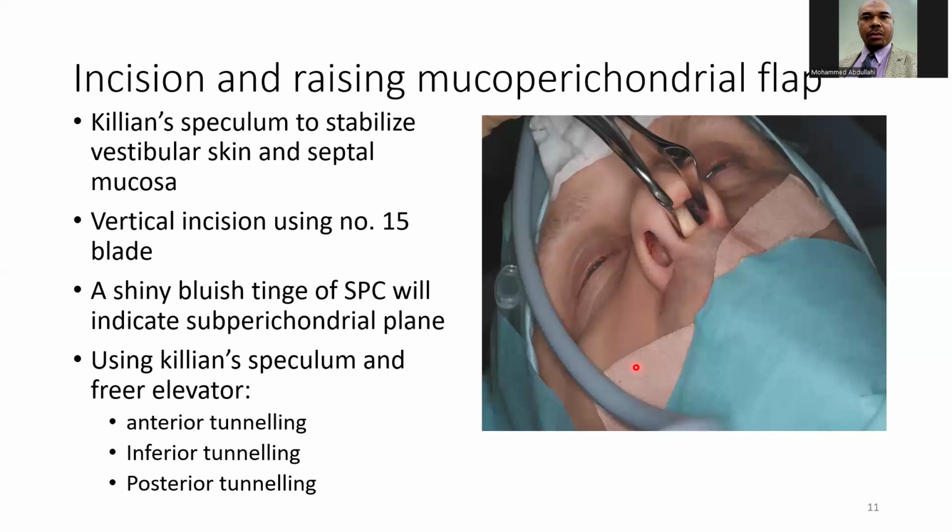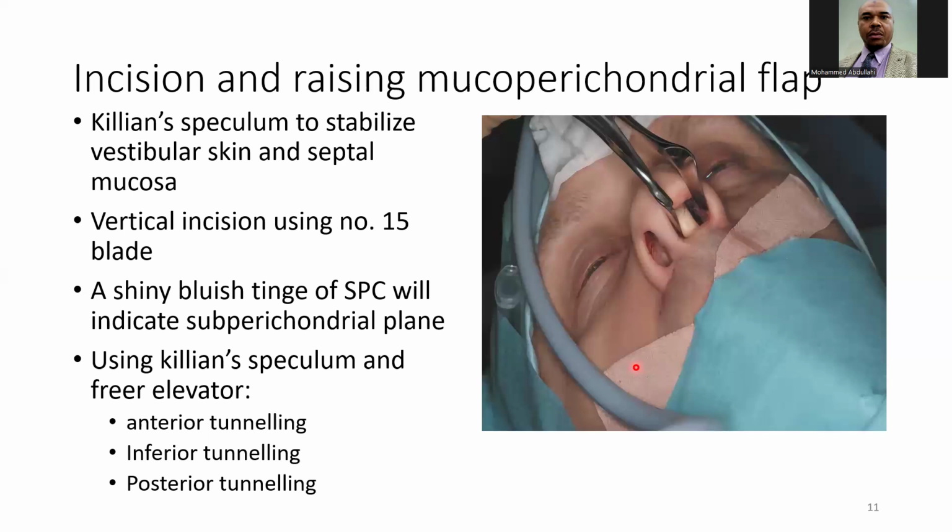Once a shiny bluish tinge of septal cartilage is seen, it means that you are in the right plane. You are in the subperichondrial plane. Now, using the Killian speculum and Freer's elevator, three tunnels are made in order to elevate the flap from the septum.